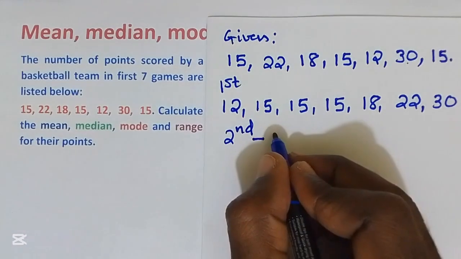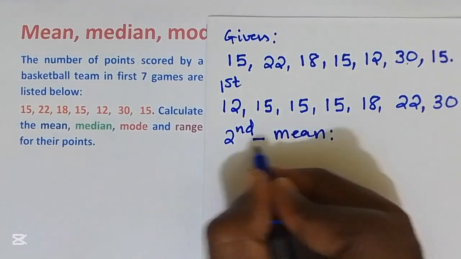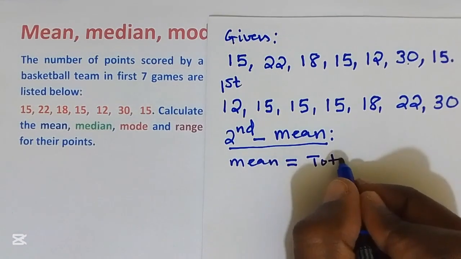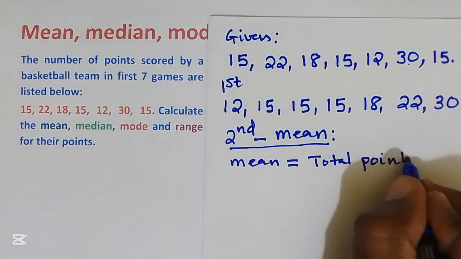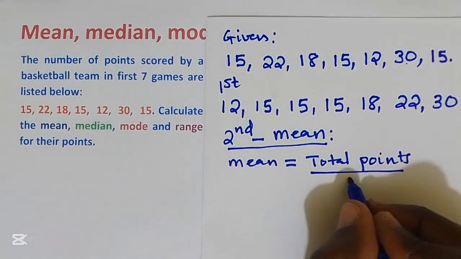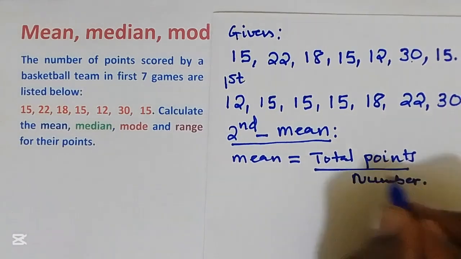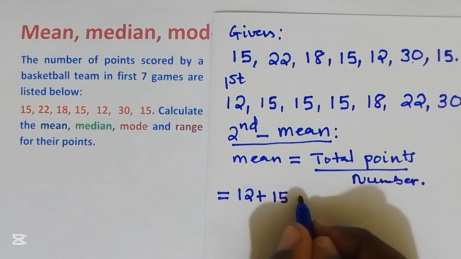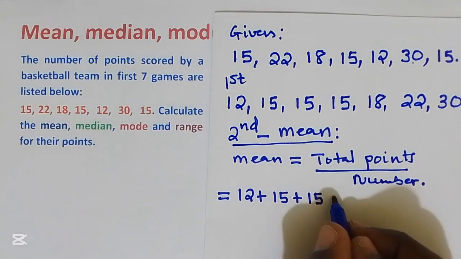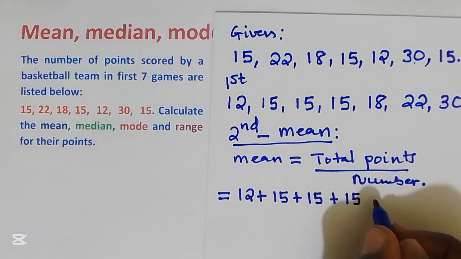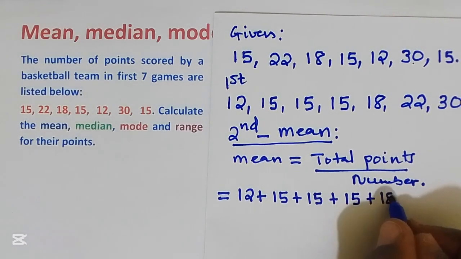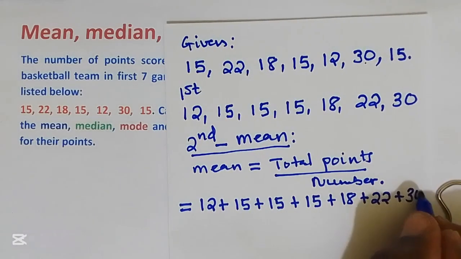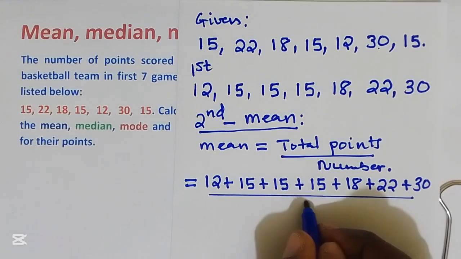Second, let us find mean. Mean is given by total points over their number, that is 12 plus 15 plus 15 plus 15 plus 18 plus 22 plus 30 divided by 7.